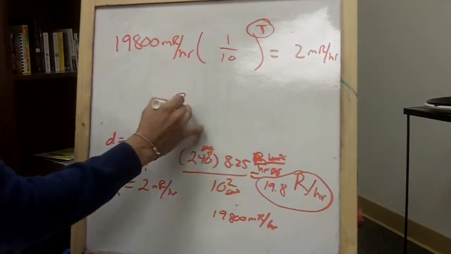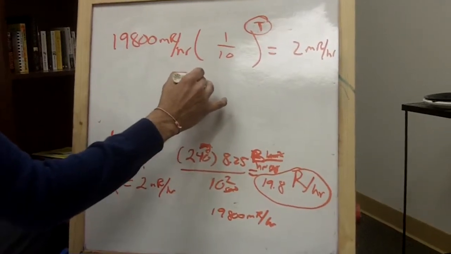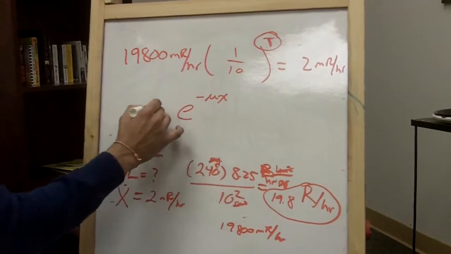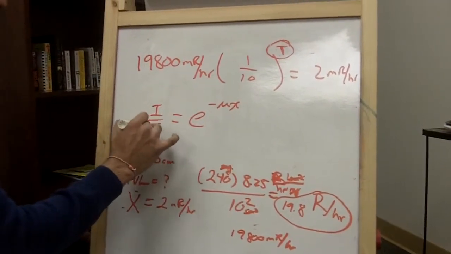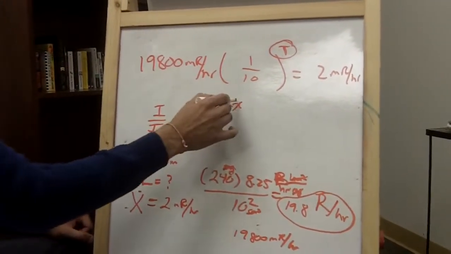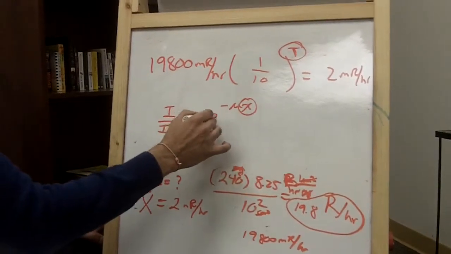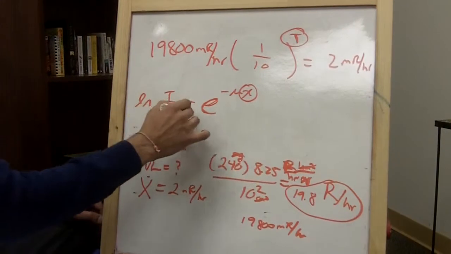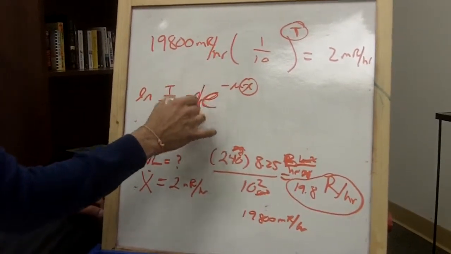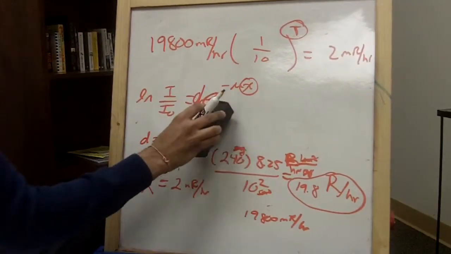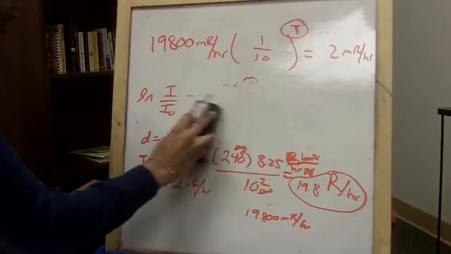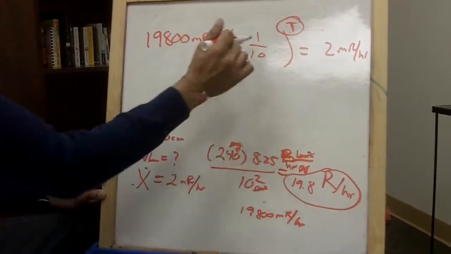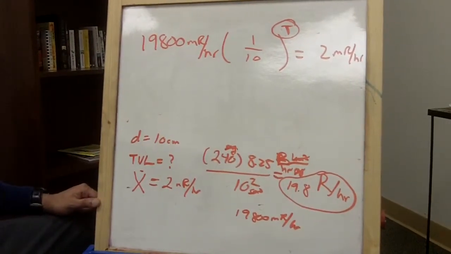Typically we have our unknowns in the exponent with e to the minus mu x equals I over I0, and if we're looking for a thickness, we take the natural log of both sides. Remember this little math trick? In this case, our base is not e, it is a number, so we're going to use logs.